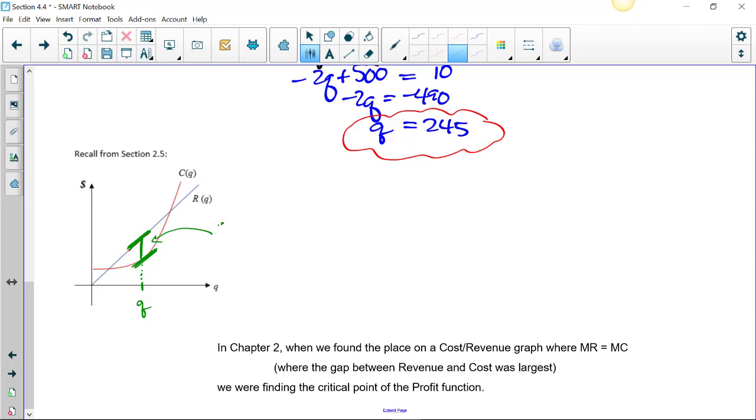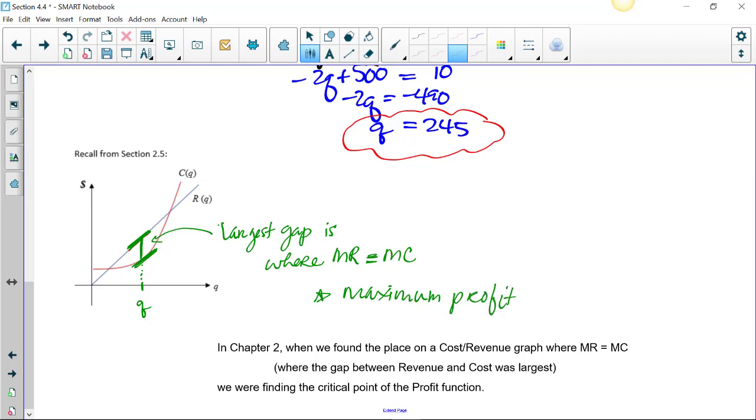So where this largest gap is, marginal revenue is equal to marginal cost, because you can see that the slopes of the tangent lines are the same, they're parallel. And then we know that that's where we have our maximum profit.